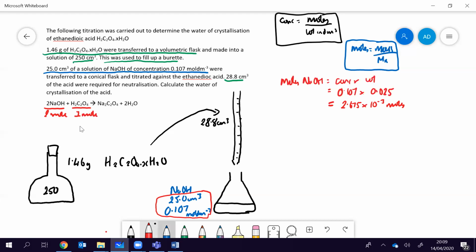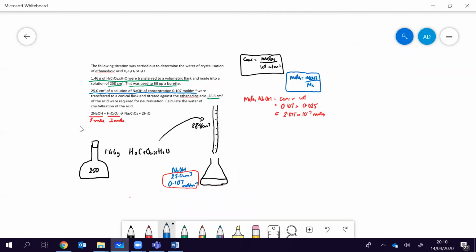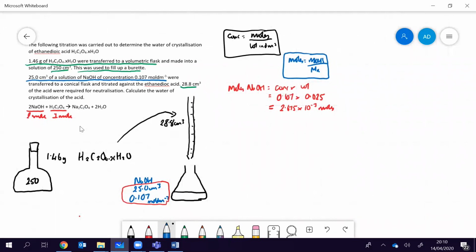So moles of our acid, moles of acid then, of H2C2O4, and that, let's remember, is going to be in 28.8 centimeters cubed.